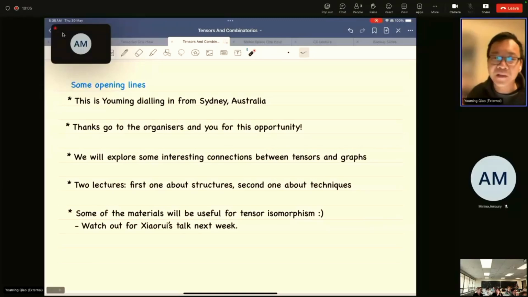So there will be pictures and so on, probably not in the style of the next 2 lecturers, Pete and Josh McLeod. So some of the materials hopefully will be useful for tensor isomorphism. For example, if Xiaorui Sun is going to give a talk next week, there will be some connections with his work on tensor isomorphism and group pattern. So that's some opening line, and if there's anything unclear, just let me know. And let's get started.